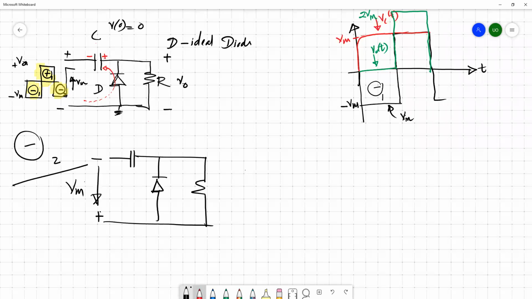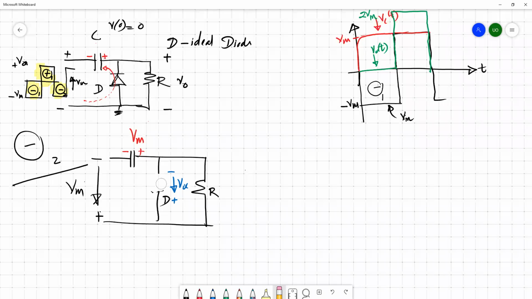Okay. Similarly to the previous state, we have two options. There may be a current flow through the diode or maybe through the resistor. Now we have to investigate which path is practical for this scenario. First we check whether this diode is conductive or not. If it is conductive, your diode should be forward biased. If it is not conductive, your diode should be reverse biased. So we will evaluate the open circuit voltage. Okay, apply Kirchhoff voltage law.